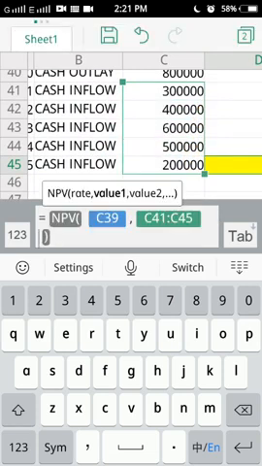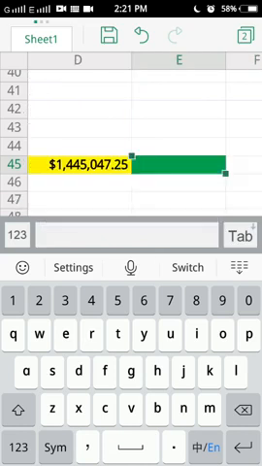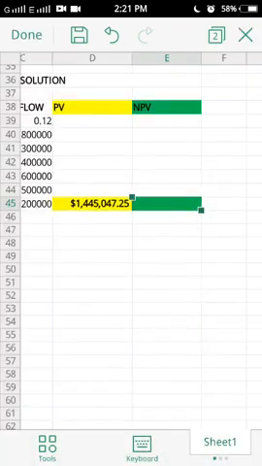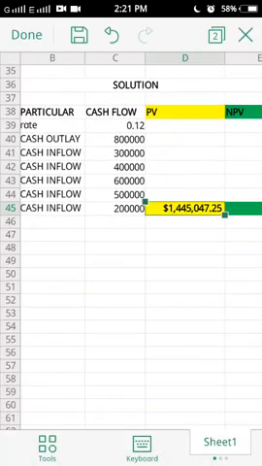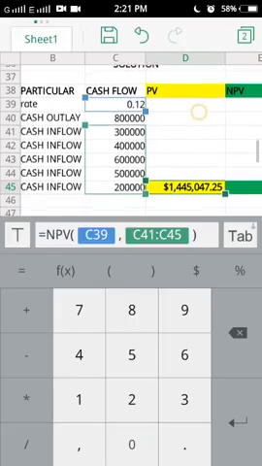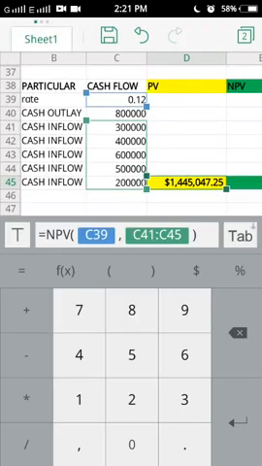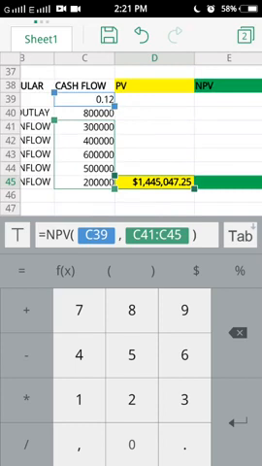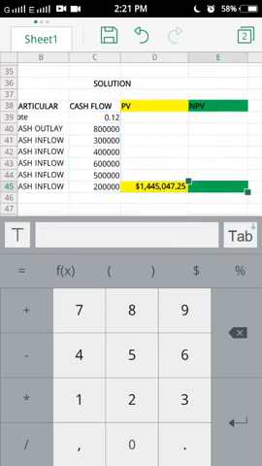And then when I'm done, I'll click on my tab. And you can see from this calculation we have a present value of $1,445,047.